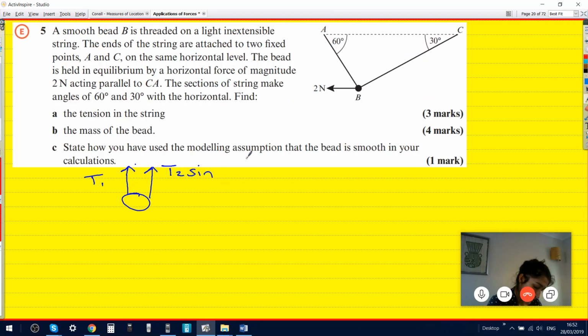So we have T sine 30 and T cos 30. Okay. Oh yeah, we have weight as well. And we have 2n going that way.